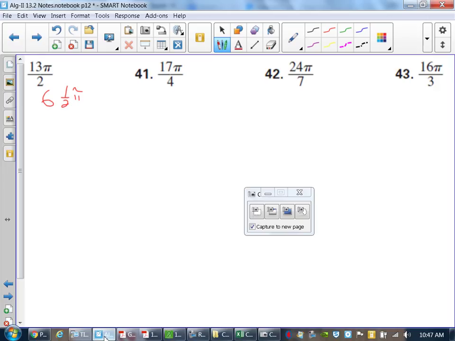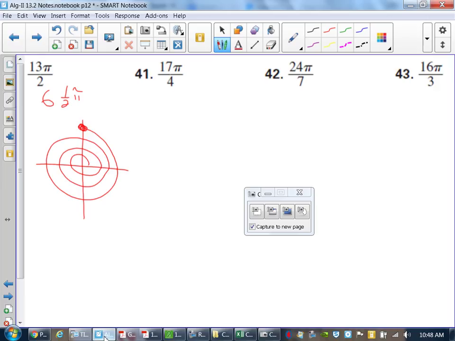So when I go to draw this, 1 little, 2 little, 3 little pi, 4 little, 5 little, 6 little pi. Where does pi over 2 go? On the y-axis. So what happens here is you wind up on the pi over 2. You wind up on one of the axes.